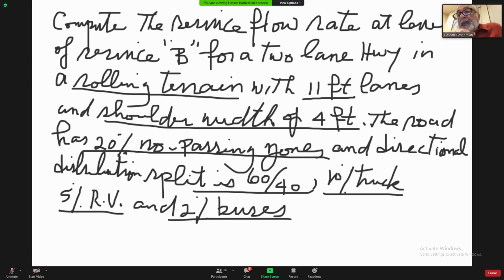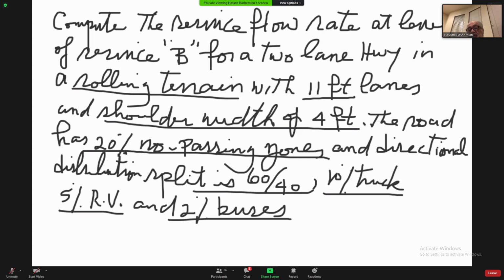Okay, so if we have all this information, we want to know what is the service flow. How do we calculate it? As you are seeing here, pretty much all of these are against the ideal condition. So ideal condition, we said is 2,800, but that was based on 12 feet lane, not 11 feet. 6 feet shoulder, not 4 feet shoulder. No passing zone.